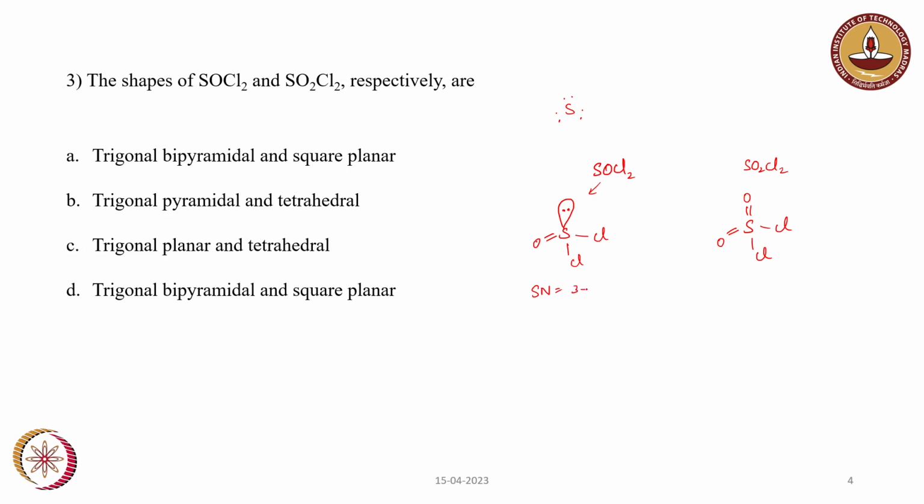So 3 plus 1 equal to 4, and in that one lone pair is present. If steric number is 4, geometry is tetrahedral, but with one lone pair and 3 bond pairs, the structure will be trigonal pyramidal.